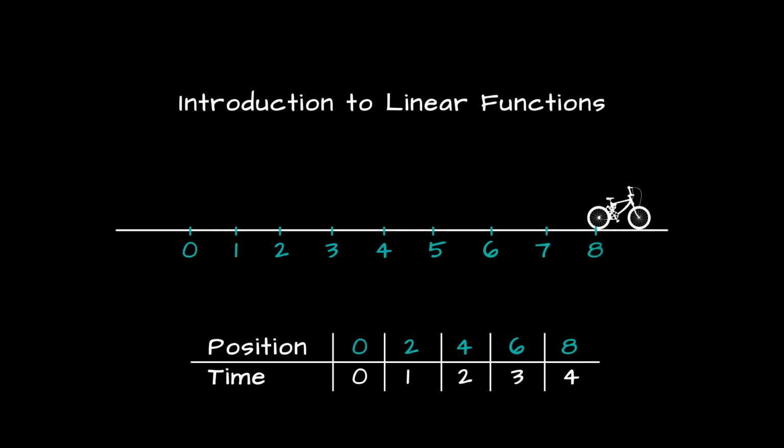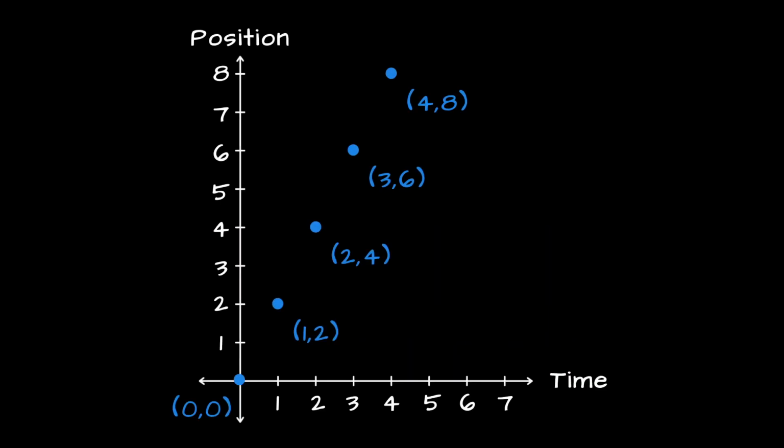What this particular table of values shows us is that for every fixed change in time, there is a fixed change in the position of the bicycle. Indeed, for every 1 second of time that passes, the position of the bicycle changes by exactly 2 units. If we plot the points in our table on a pair of coordinate axes representing time and position, then we see they're organized in two-dimensional space in a very particular way.